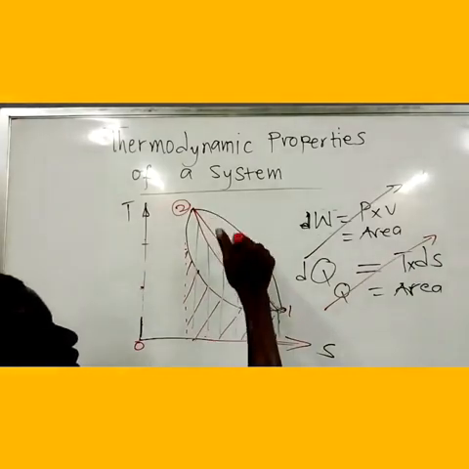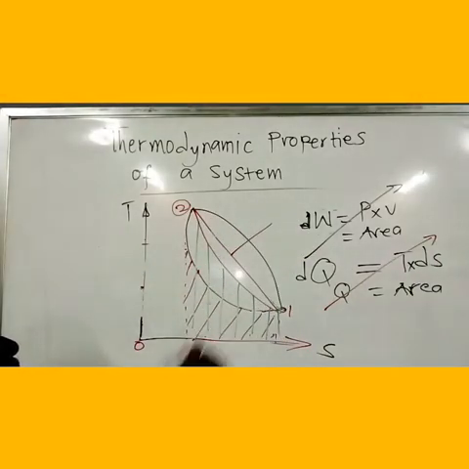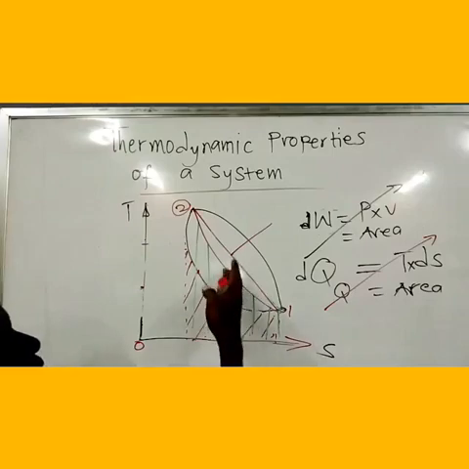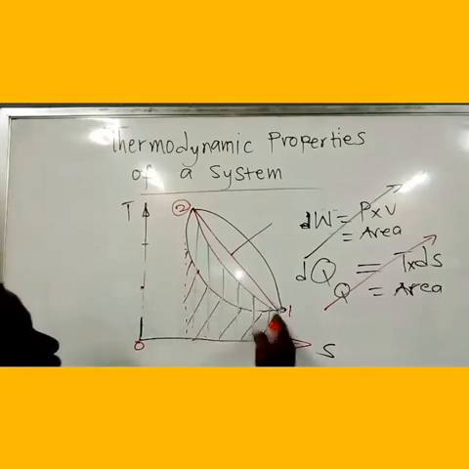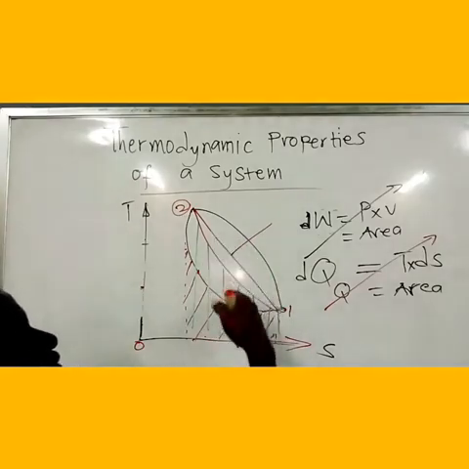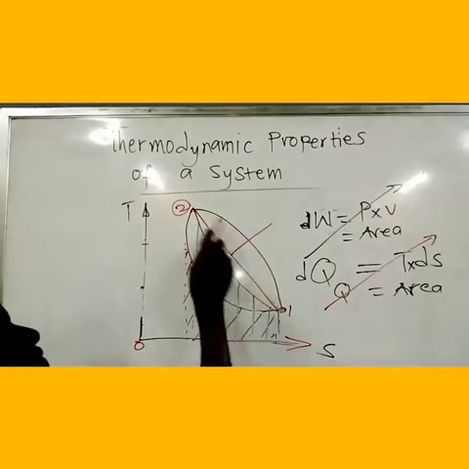If you compare the linear graph to this hyperbolic graph, the area under the linear graph will be more than the area under the hyperbolic graph. So it means that the increment of heat depends on the type of graph you draw. And the greatest of all the areas will be the last one here.